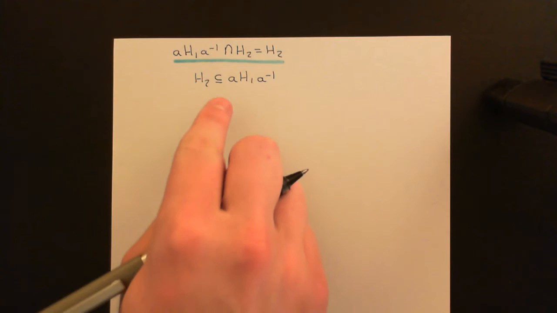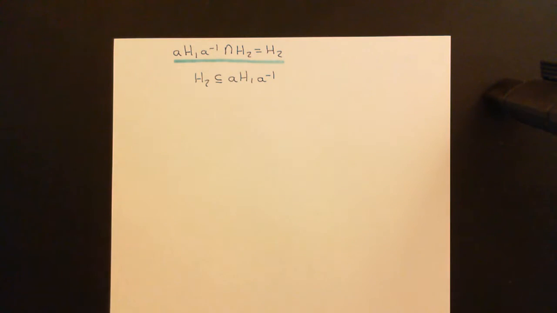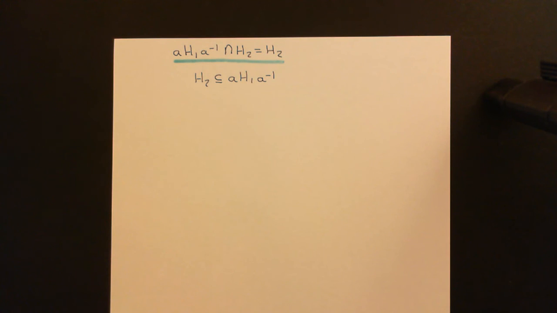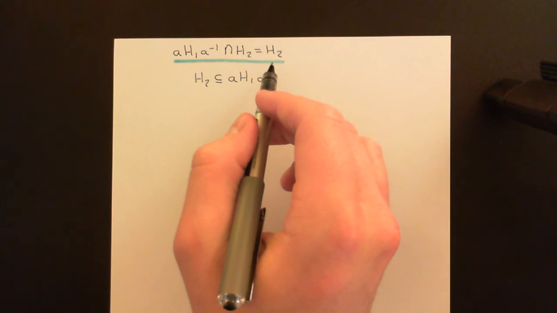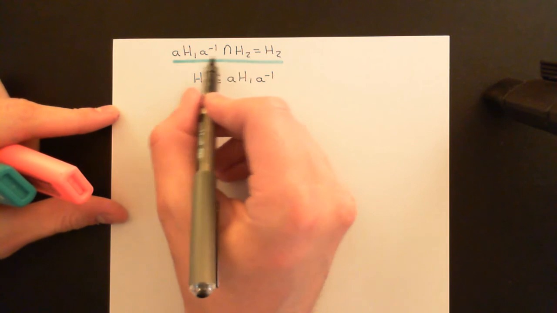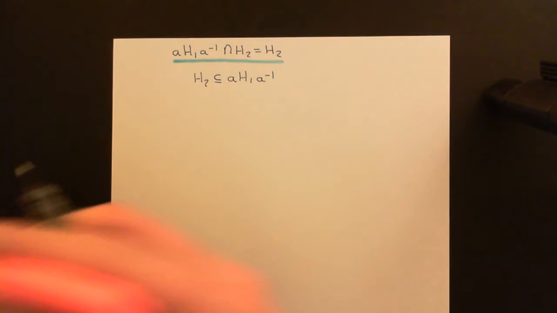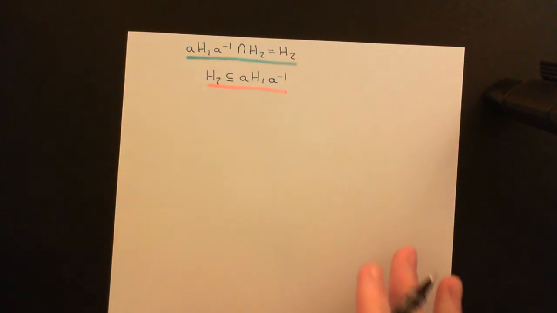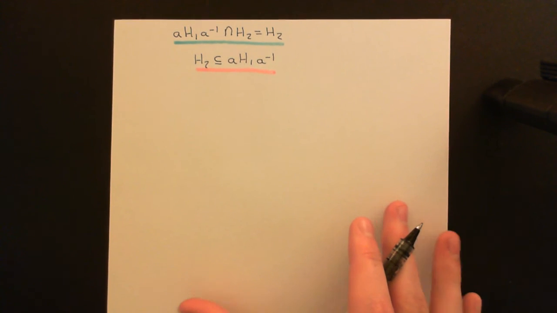The reason for that is that otherwise how could it possibly be true that when I intersect a conjugate of this first Sylow P subgroup with H2, I get the entire H2 back again. That means that every single one of the elements in H2 must have also been in here. So I can validly write down that H2 must be contained within AH1A inverse.